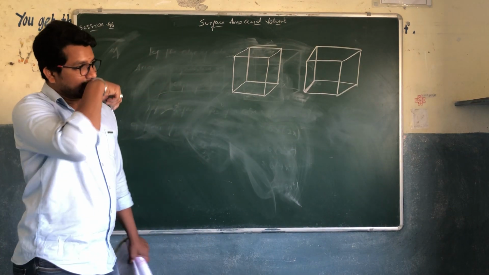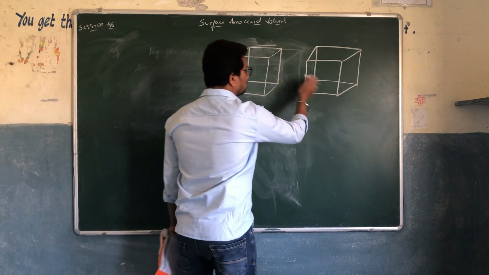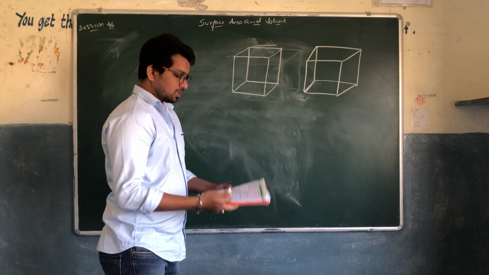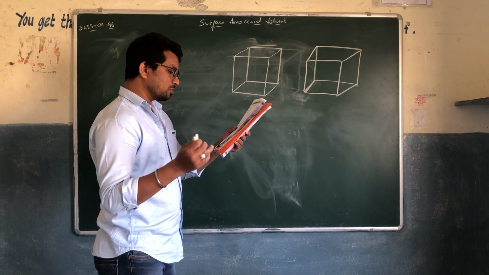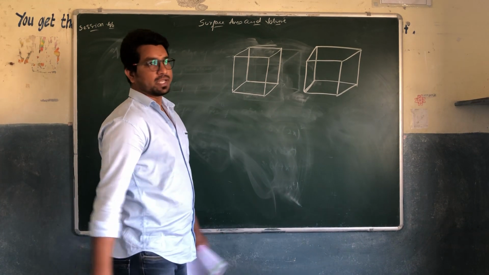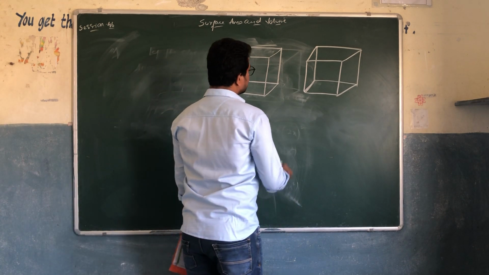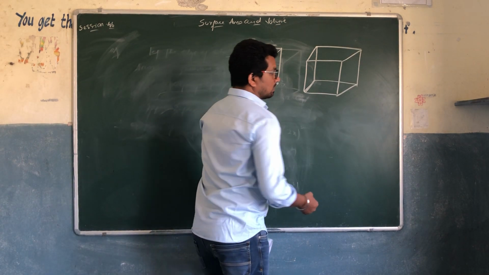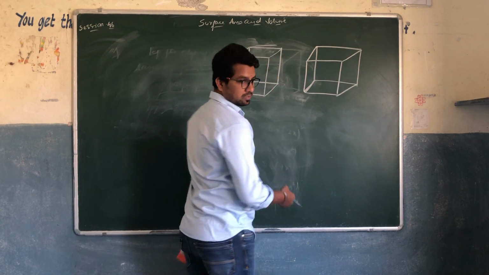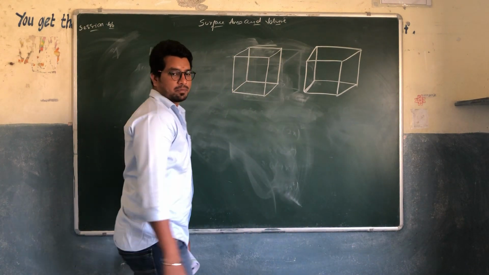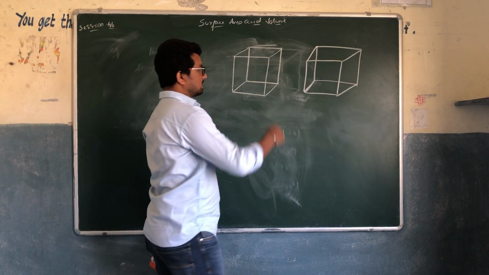So now what he is saying, these two cubes are combined. These two cubes are joined face to face. I don't have any live example to show you as of now, just try to understand here.